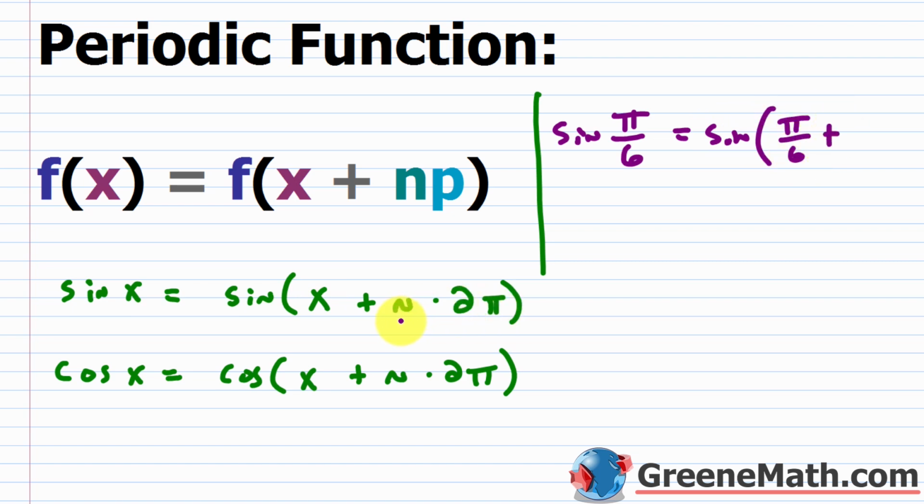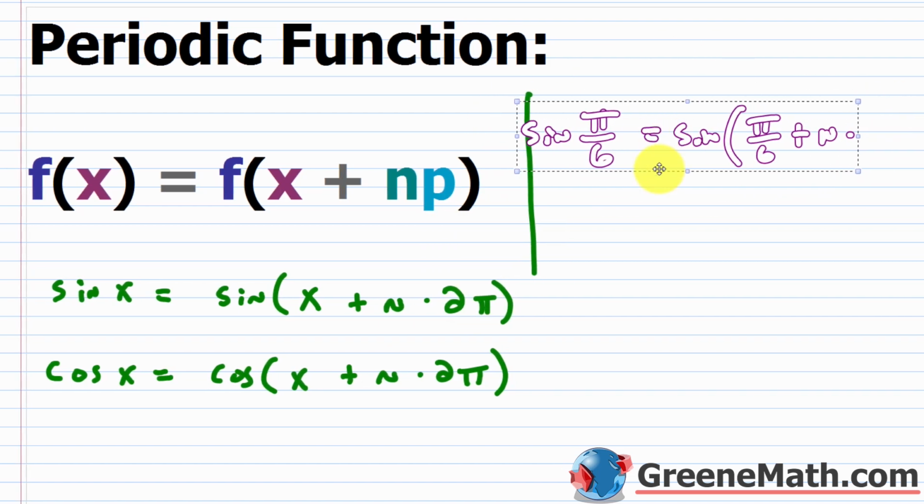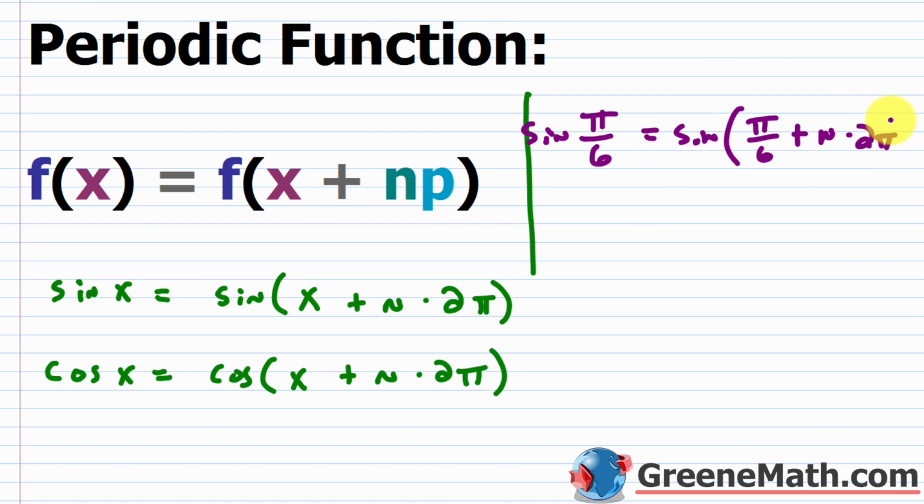Our n was 1. But really, you could put n times your 2 pi here. So you can plug in anything for n as long as it's an integer, and this statement would be true. You would basically get 1/2 on the left and 1/2 on the right after you evaluate.